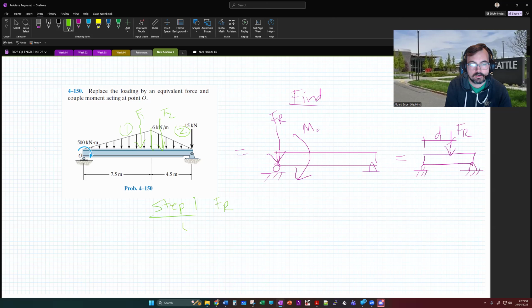Find FR. FR is going to be the sum of F1 plus F2 plus the 15 kilonewtons. F1 is just going to be the area, so that'd be 1/2 times 7.5 times the magnitude, which is 6 kilonewtons per meter, plus 1/2 times 4.5.